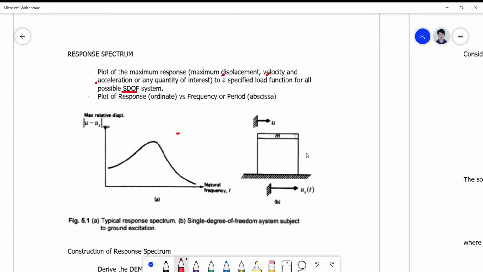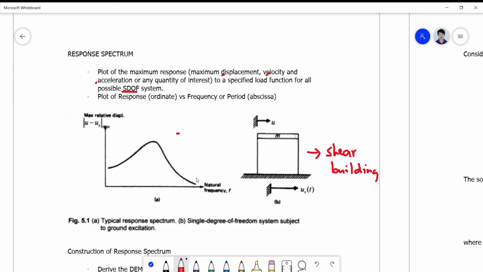So if you have here a model, this is a building model or a shear building model, or a portal frame in which your response is actually observed in terms of this graph here.